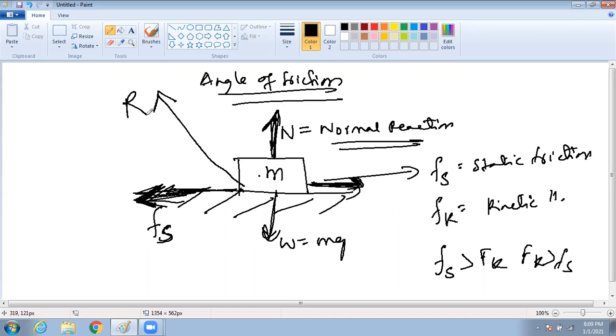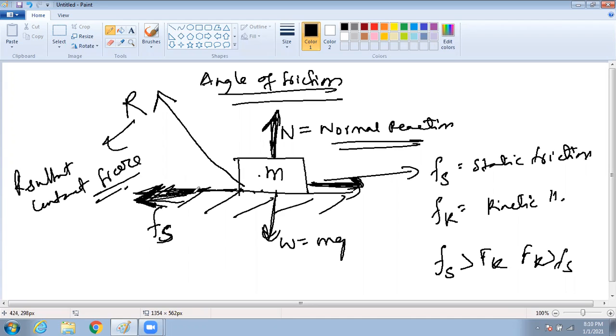Resultant force, and we also call this the resultant contact force. Understood?